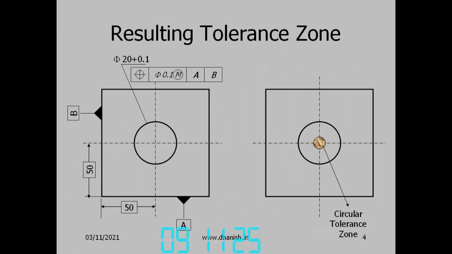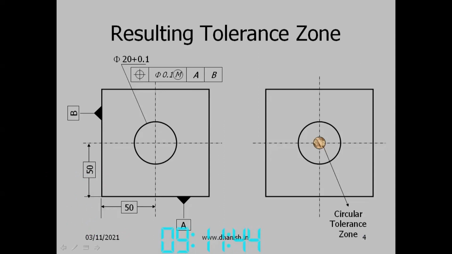This left side is the same drawing as the previous one. So the center should lie within this circular tolerance zone of diameter 0.1, whose position is the true position. The center of that hole should be 50 from A and B.